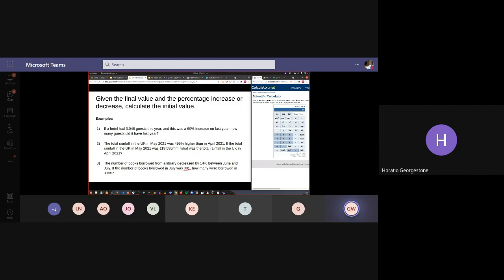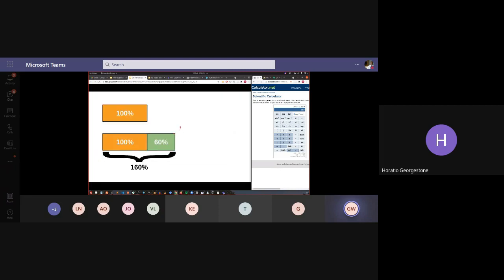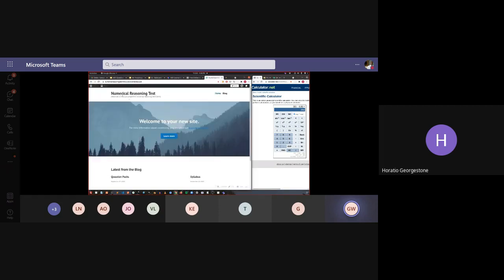So therefore, 301 is 86% of the original amount, which we could call x. In other words, original amount, so June amount, times 0.86 is 301. So we need to do 301 divided by 0.86, and then we get 350.